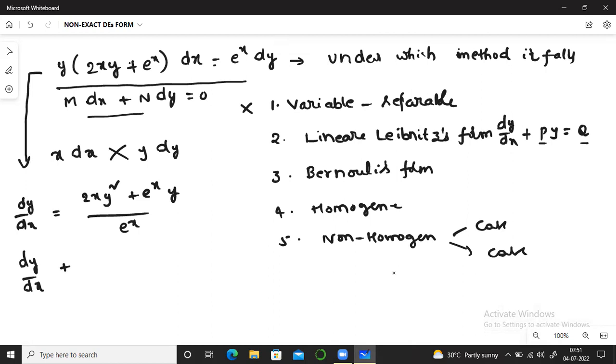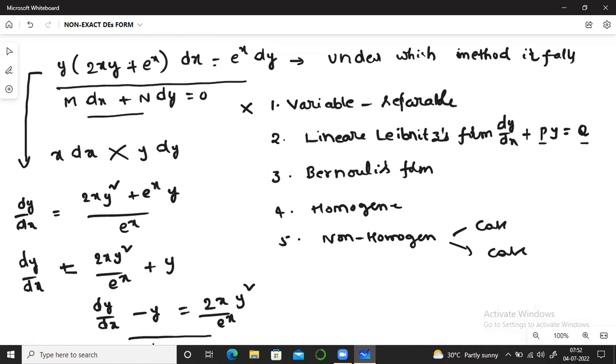Dy by dx is equal to 2x y square over e power x plus y. I am repeating once again: dy by dx, this y I am bringing this side, is equal to 2x y square over e to the power x. This way I can write the given question.